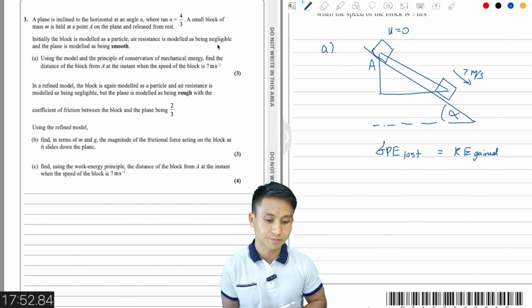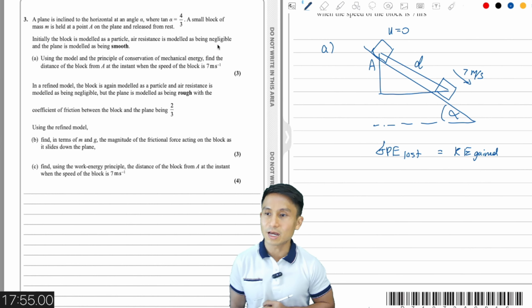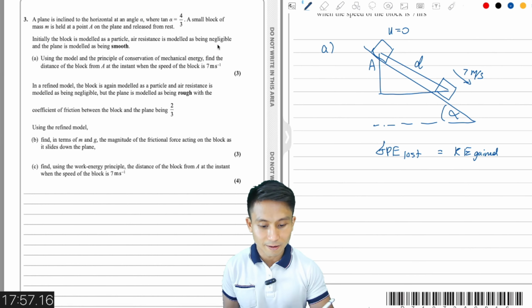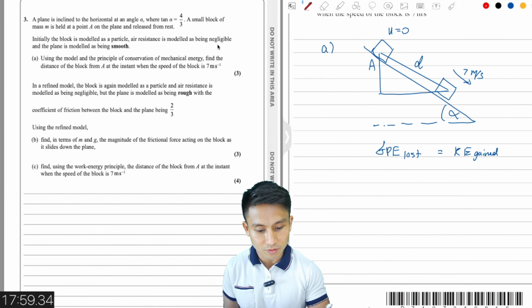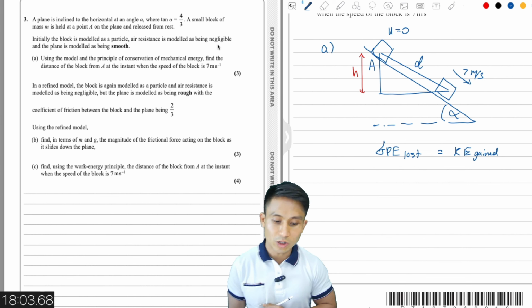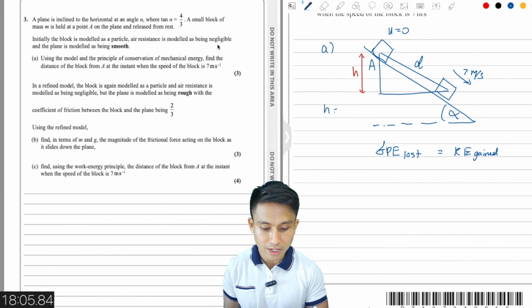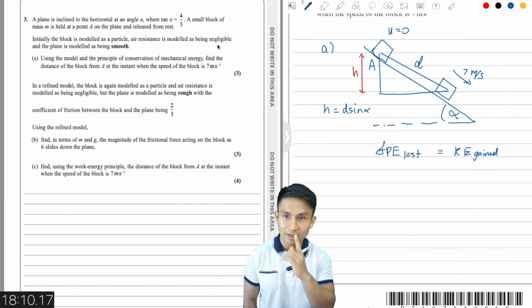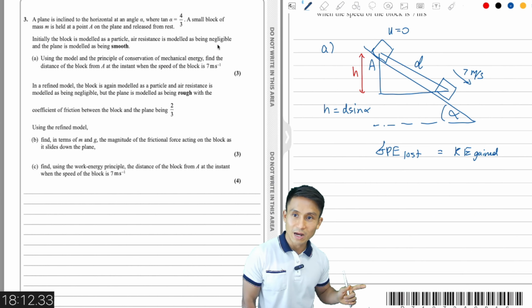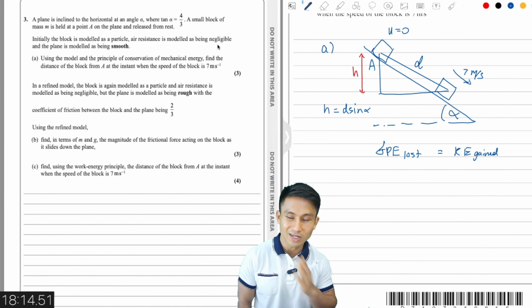So, like that. This is the distance moved, the hypotenuse there, the d. And the height change is just the vertical, which is this guy. So we can put h as d sine alpha, because we actually want to find the distance moved down the block, not the height change.